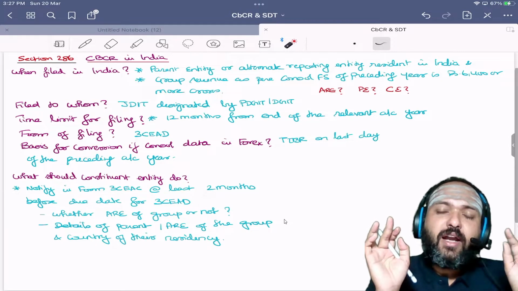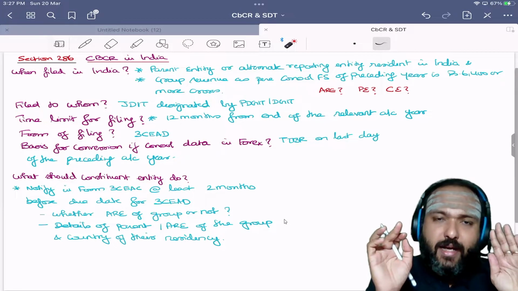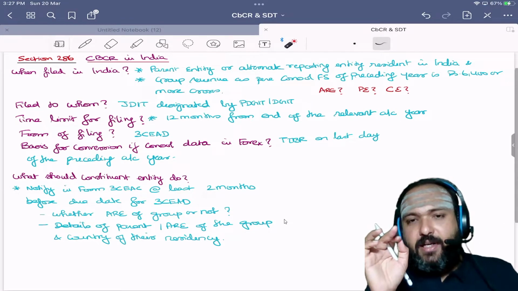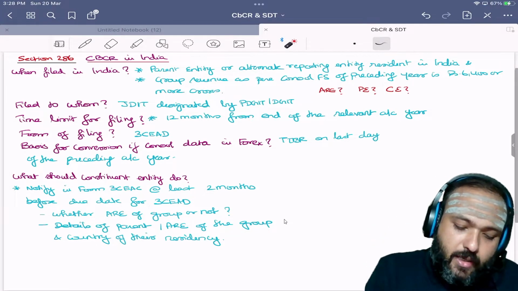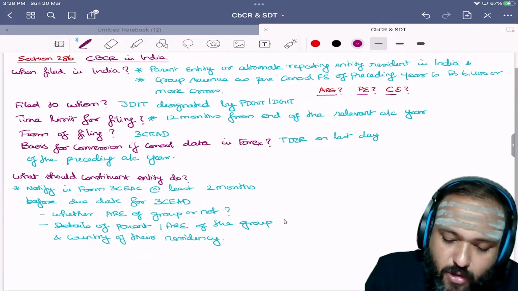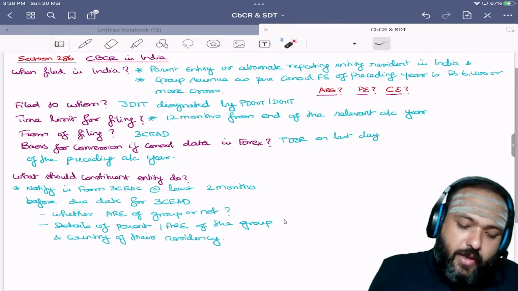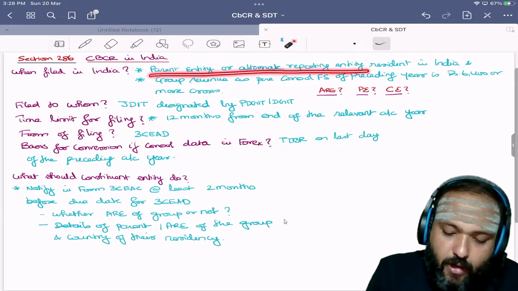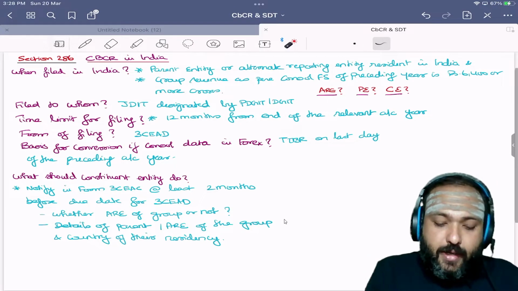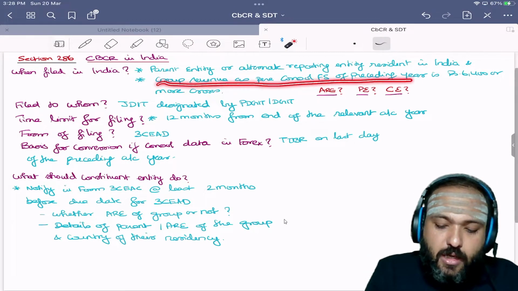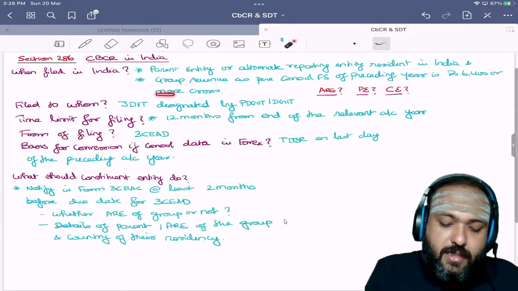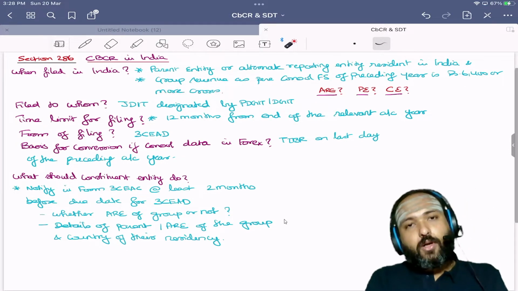Okay, what is an alternate reporting entity, sir? Wait for that. Let me come there. I have not yet discussed the alternate reporting entity. I will tell you what is an alternate reporting entity. So this is the alternate reporting entity. This is the parent entity. This is the constituent entity. So the parent entity or alternate reporting entity is resident in India, and very important, group revenue as per consolidated financial statements for the preceding year is 6,400 crores or more.